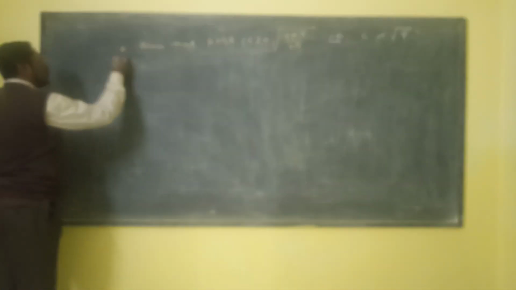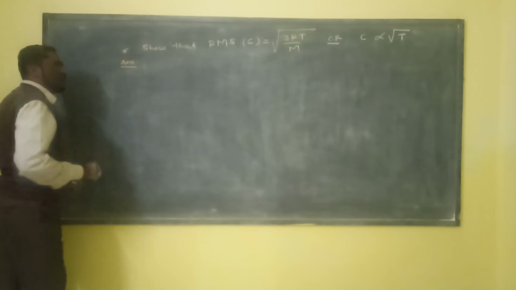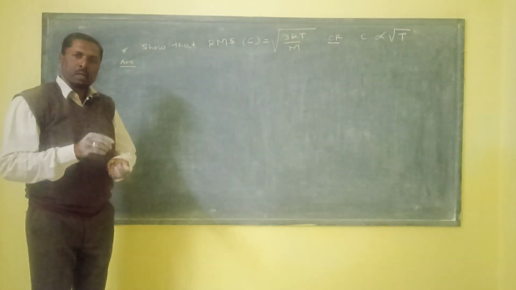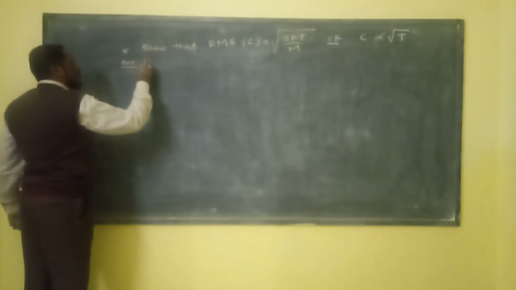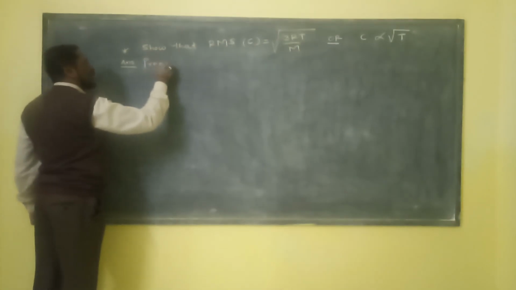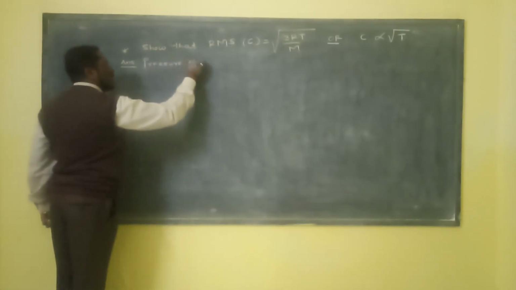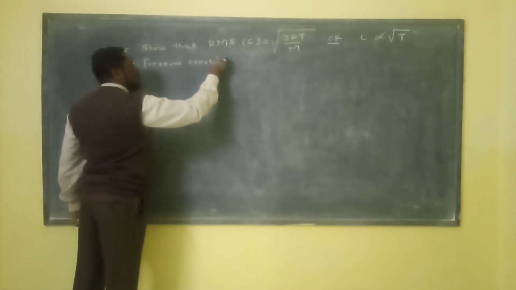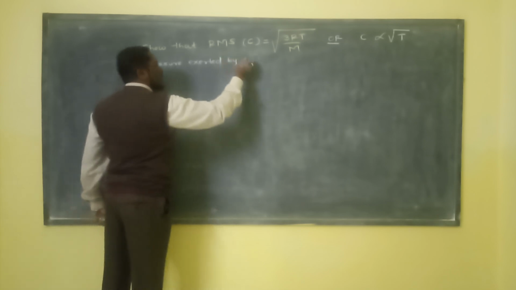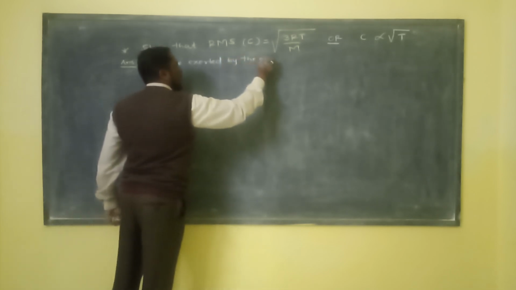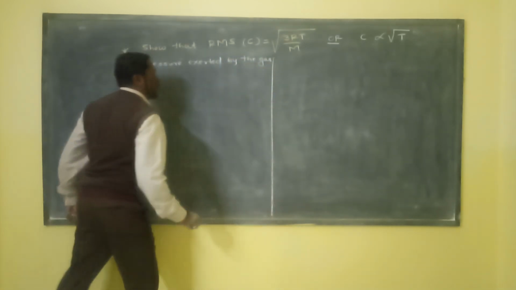How are the question and the answer? Watch it. We are well familiar with the starting point. Let us consider pressure exerted by the gas. The start is the same. What is the general formula?